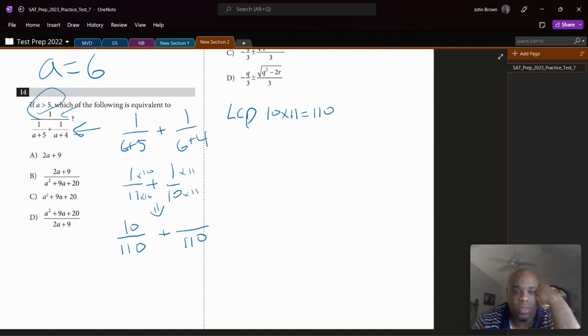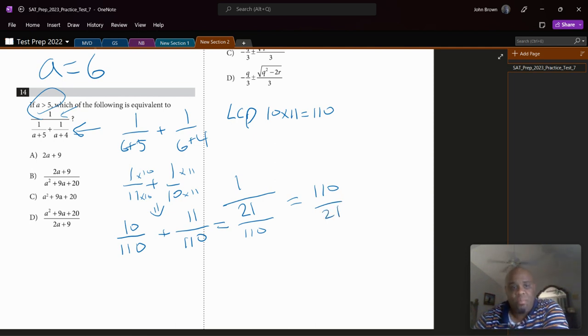All right, so what do I get there? 10 over 110 plus 11 over 110. 10 plus 11 is 21. And remember what I said earlier, 1 over that just means I'm going to flip it. So that is 110 over 21.